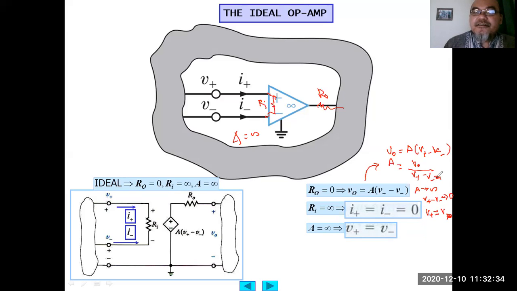If it is 0 here, then V output divided by 0, the value of A will be infinity. So this is the origin of why, in an ideal op-amp, if A is infinity, then V plus will be equal to V minus.